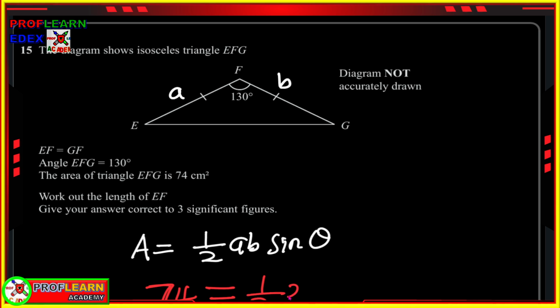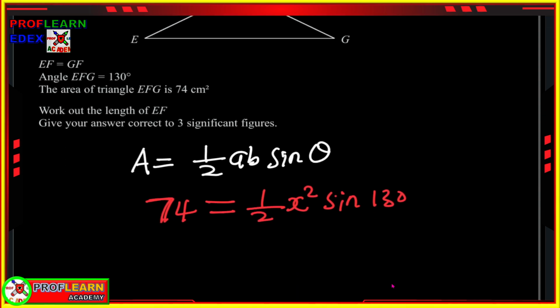We can call it x squared, because if this is x and this is x, because that's an isosceles triangle, it becomes x squared, sine of 130. Ensuring that your calculator is in degrees, 0.5 times sine 130 gives us 0.38.